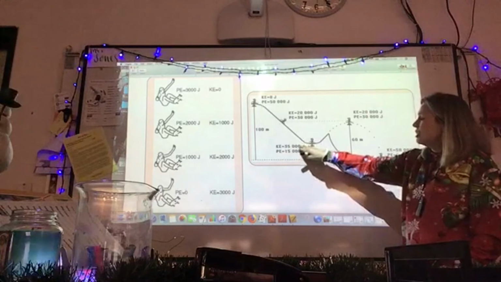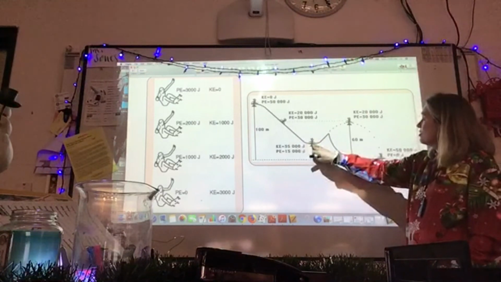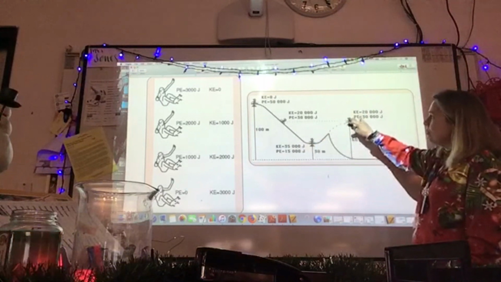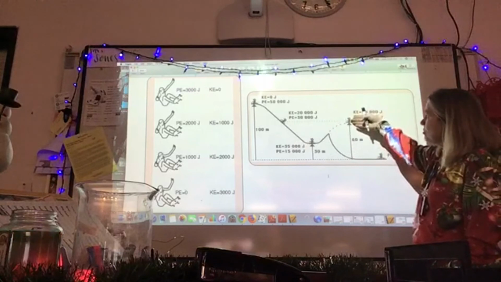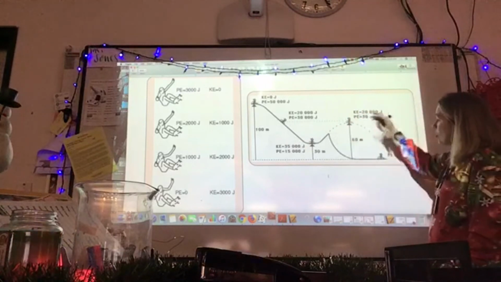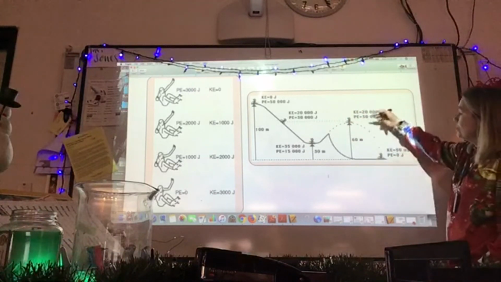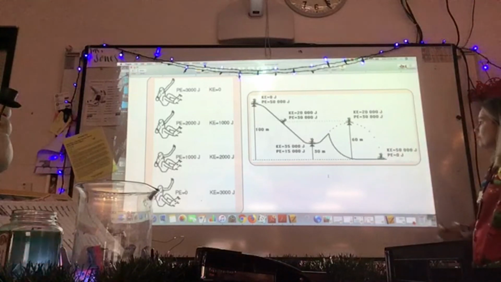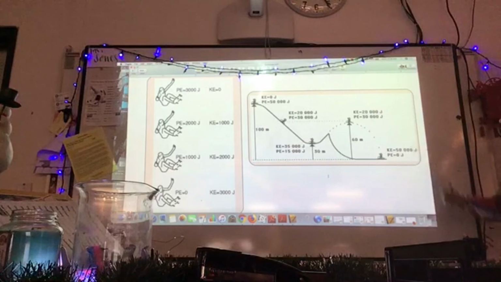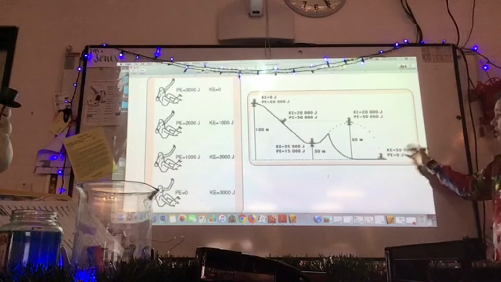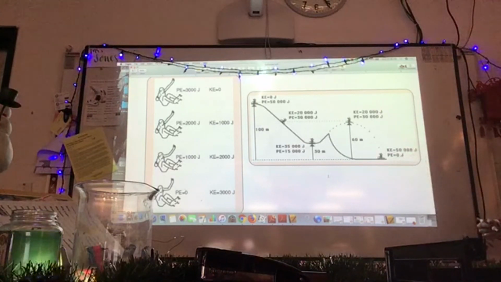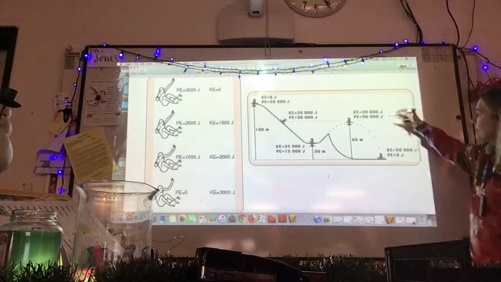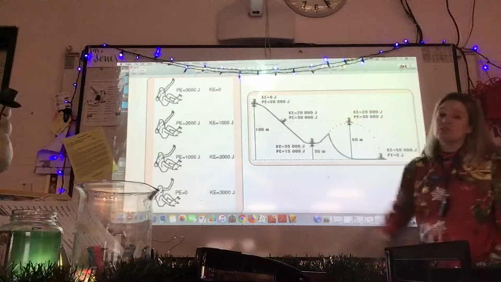And so we can see more kinetic than potential at this point. If they jump, how high do they go? It all comes down to the potential and kinetic energy here. And here we see that at the bottom, it's all KE and no PE. And overall, everywhere, 50 is the total.